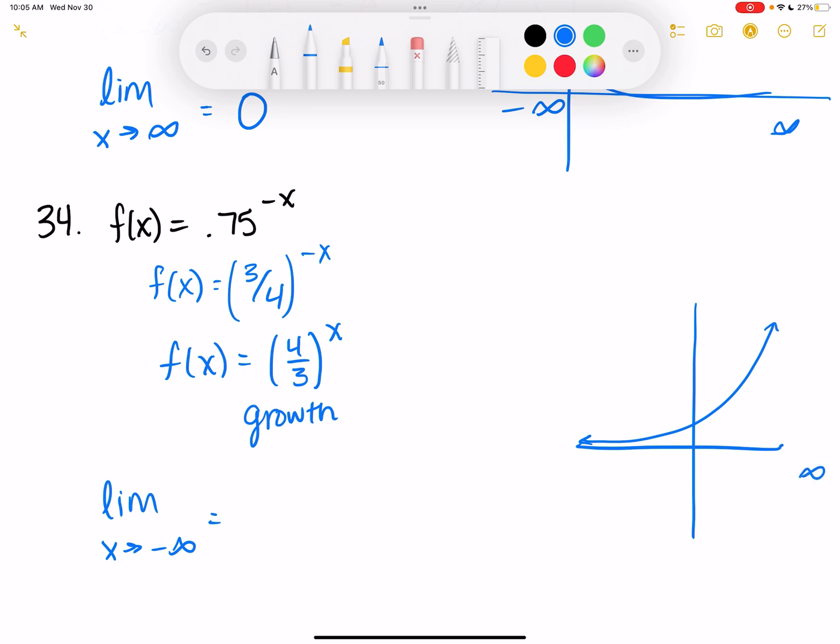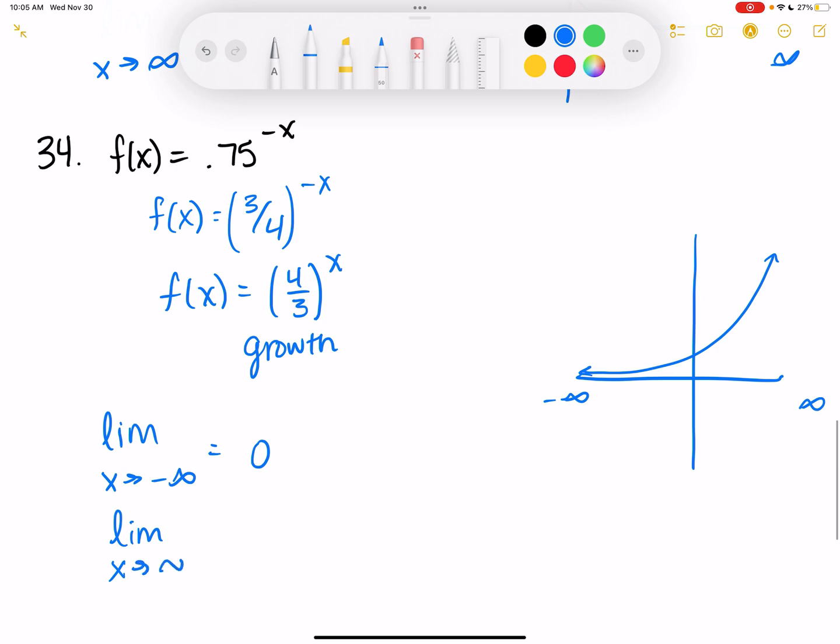At negative infinity, what's happening? It's getting close to 0. At infinity, it's doing what? Going to infinity, and beyond.